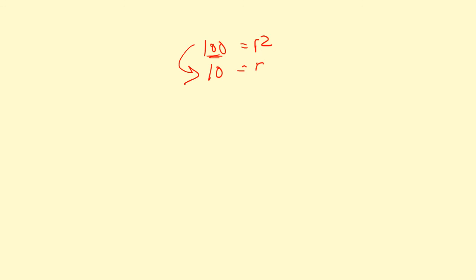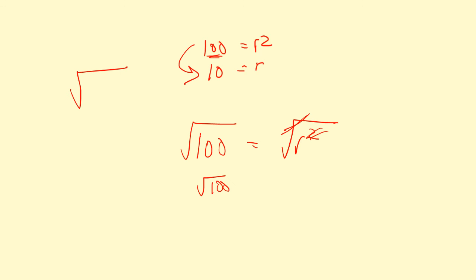Well, if you recall, we talked about that guy right there. And that is the square root. So if I have 100 equals r squared, I could just throw one of those guys up on each side. And these two things cancel. And what's left is that my r is the square root of 100.